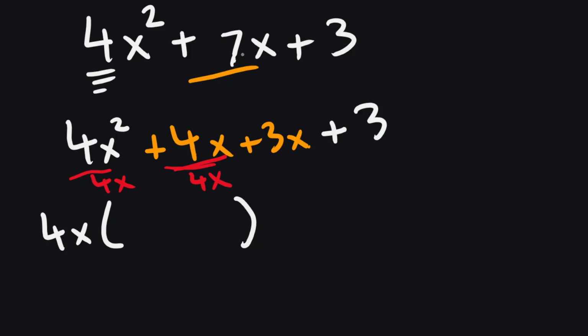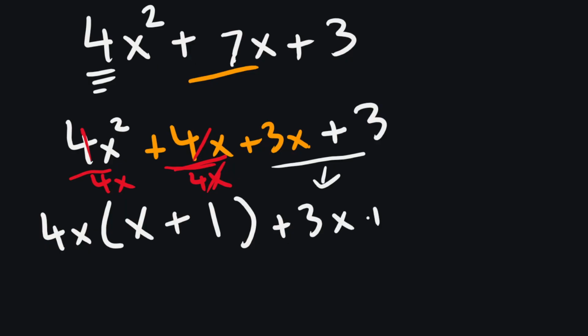That just leaves us with x, since both 4's cancel out, and x squared divided by x using the quotient rule is just x. And what's 4x divided by 4x? Anything divided by itself is 1, so that is just plus 1. So 4x times x plus 1 in parentheses, and we have to write the remaining part that we didn't factor out. So plus 3x plus 3.